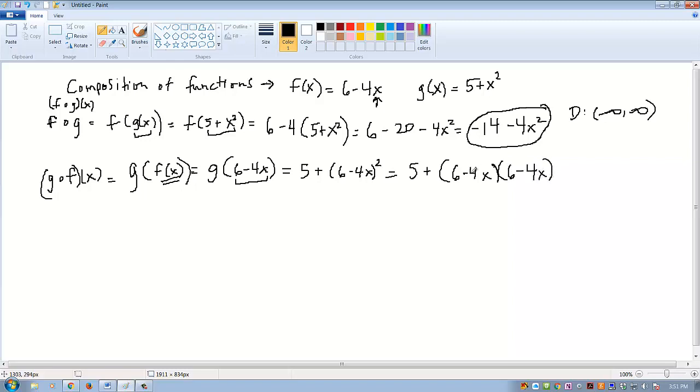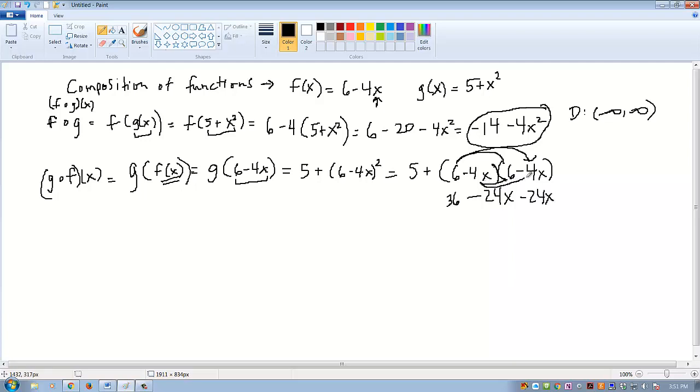So we have to FOIL it if you wanted to use that term, where you do 6 times 6, 6 times negative 4. So that's going to be 36 minus 24, and then now I'll do this one here, and that's minus 24x. Excuse me, I didn't say the x before.